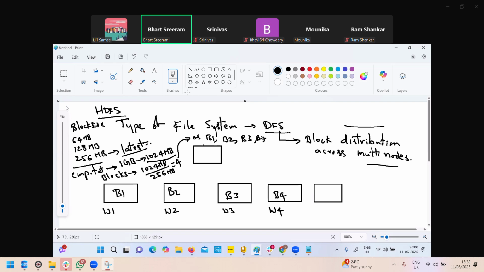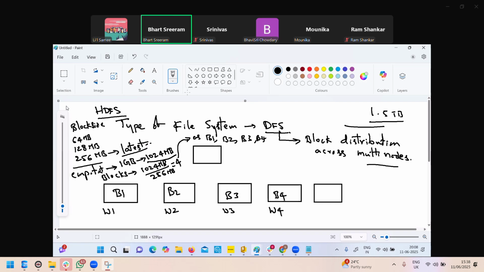In this style, is there any problem if my file size is 1.5 TB? Think that you have a laptop with 1 TB storage capacity, but your file size is 1.5 TB. Can you store it?